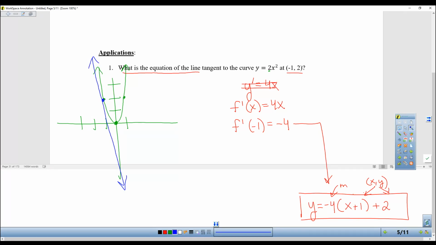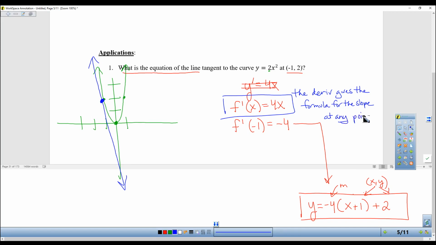I need to know a point, which is -1, 2. I already did that. And I need to know the slope. So remember, this formula, the derivative, gives you the formula for the slope at any point x on this curve.